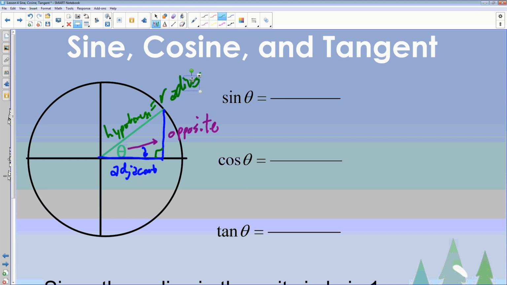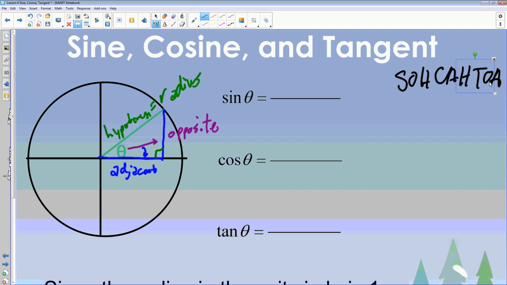So let's remind ourselves of our ratios here, because that's what sine, cosine, and tangent are. You can remember these ratios by thinking back to your good old geometry days of SOHCAHTOA. There's lots of ways that you can remember that. I remember it just by knowing SOHCAHTOA.